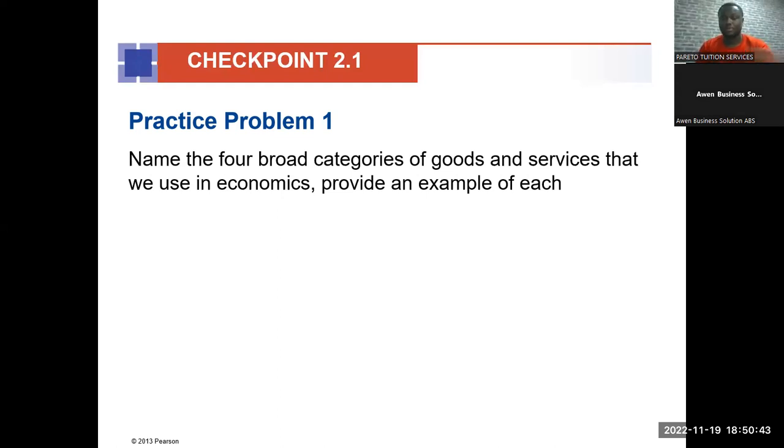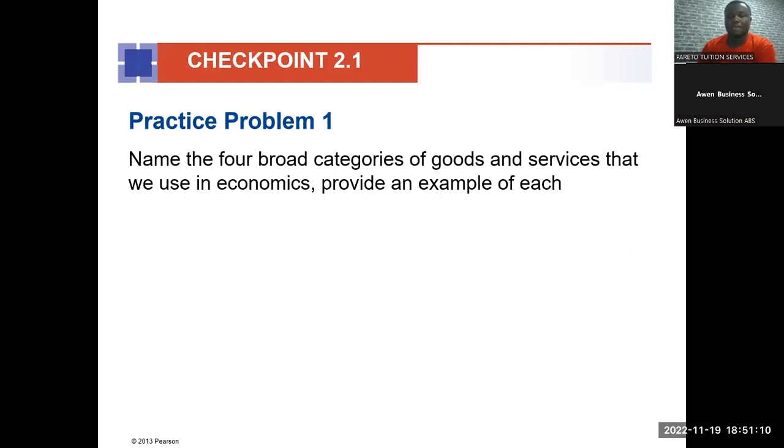Sorry, the first category is capital goods, and that one has to do with semi-finished goods. So the capital goods are the goods that we use to further produce other goods and services. So semi-finished goods are part of that.